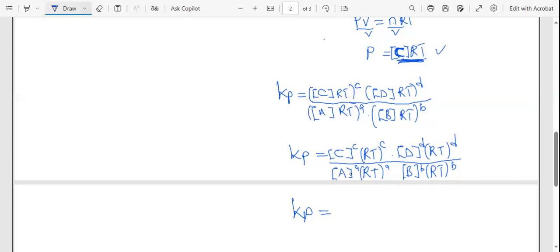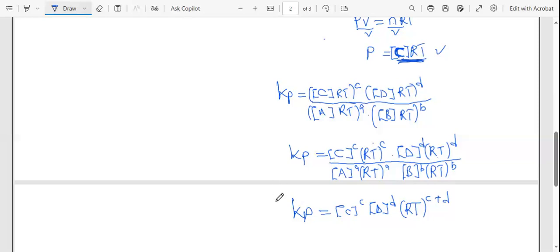Kp is equal to concentration of C raised to the power C, which will remain, then concentration of D raised to the power D. Then for RT and RT, we just add the powers. So write RT to the power C plus D, because they had the same bases. So I've just added the powers, there's nothing to stress.